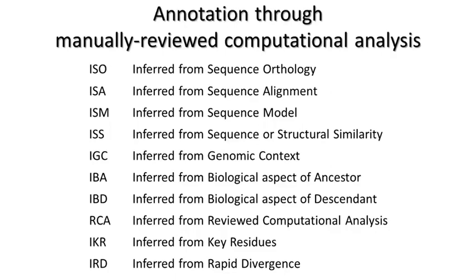The last two are negative evidence and are annotated as NOT in Gene Ontology, including IKR, inferred from key residues, for a gene product which, although homologous to a particular protein family, had lost essential residues, and IRD, inferred from rapid divergence, where there exists phylogenetic evidence of rapid divergence from ancestral sequence.